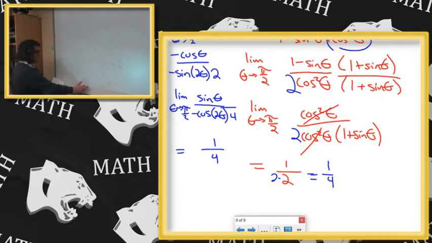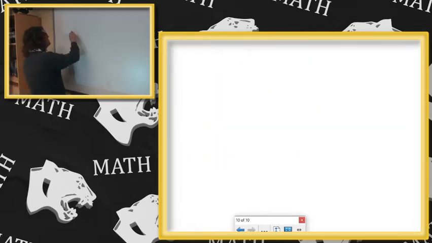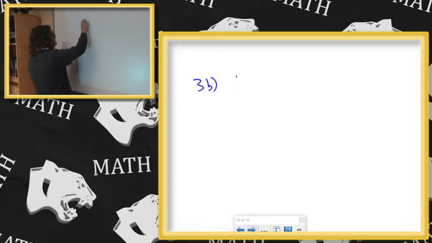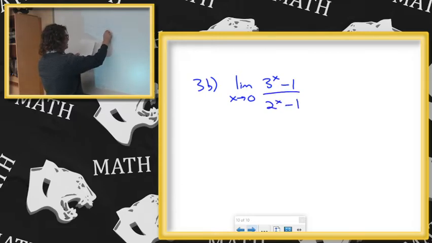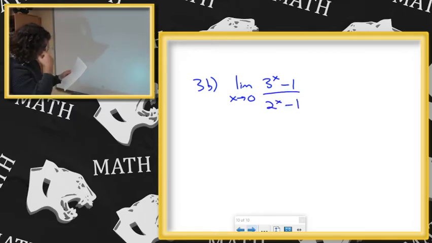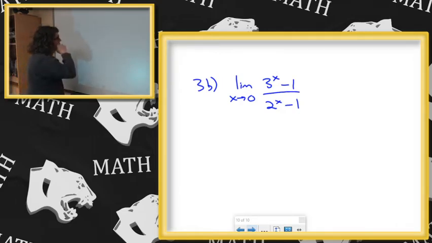All right, next up, I'm going to do 3b, and so for 3b, we get the limit as x approaches 0 of 3 to the x minus 1 over 2 to the x minus 1. So in this particular case, I do get basically 1 minus 1 over 1 minus 1.